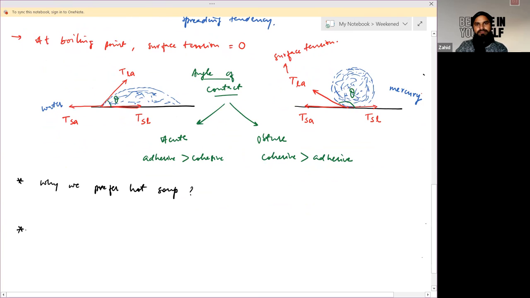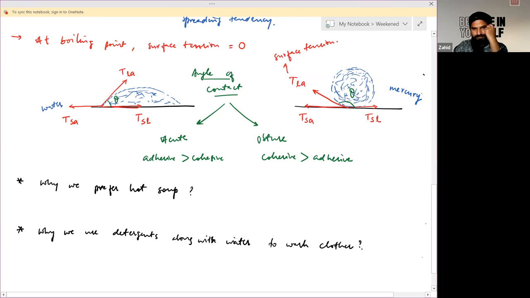Next is why we use detergents along with water to wash clothes. Then, why some insects are able to walk on the surface of water.